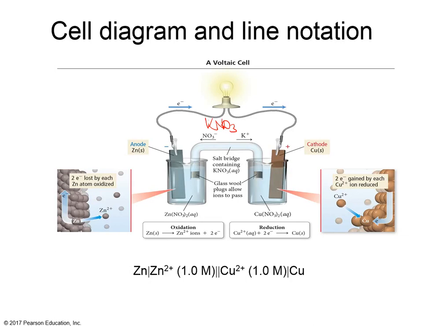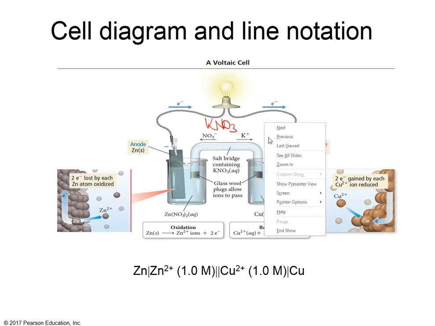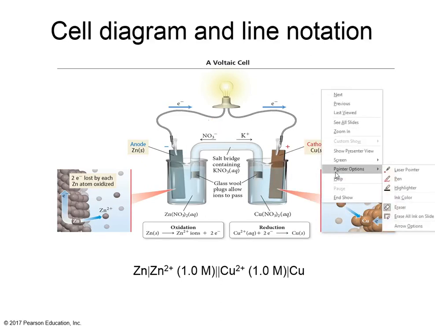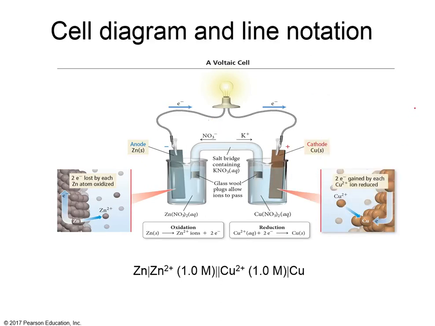Now, if we look at the salt bridge and see the movement of ions on the salt bridge, we will see the cation here.